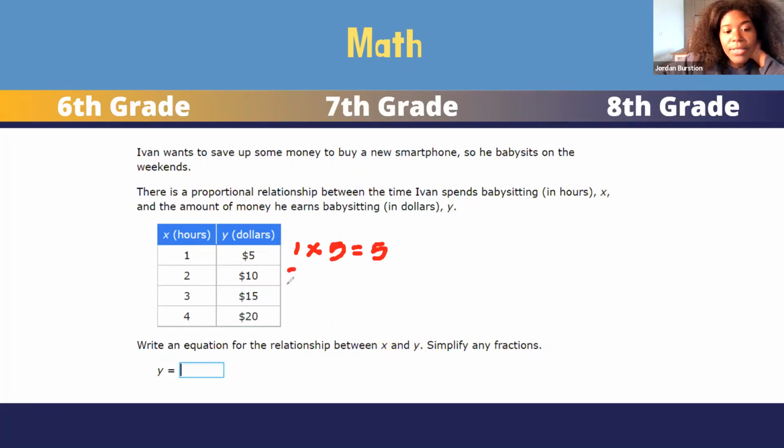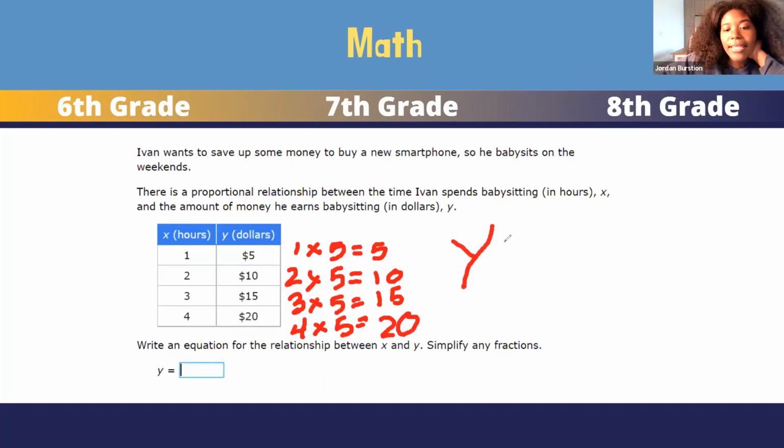Here, 2 times 5 equals 10. 3 times 5 equals 15. And 4 times 5 equals 20.